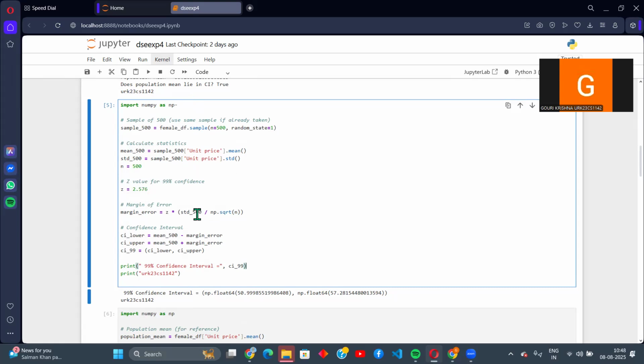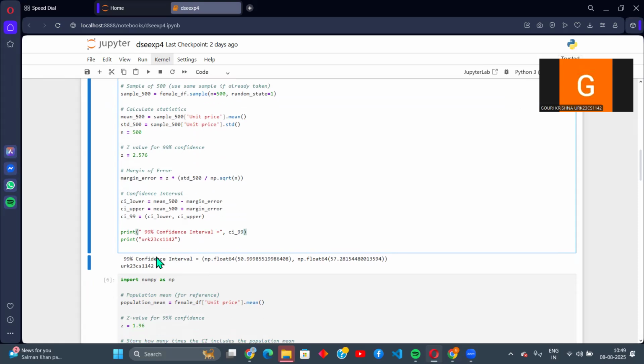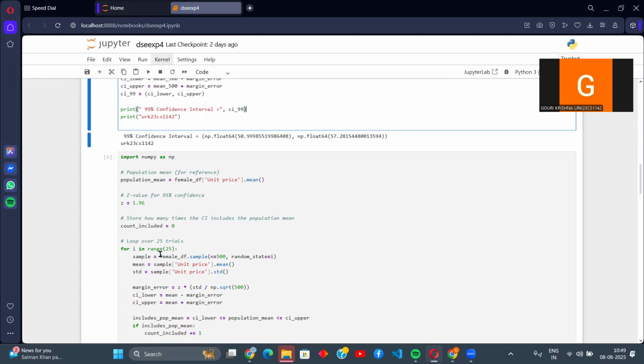The CI is wider because a higher confidence level requires more certainty. This is the output, 99 percentage confidence interval equal to this value.